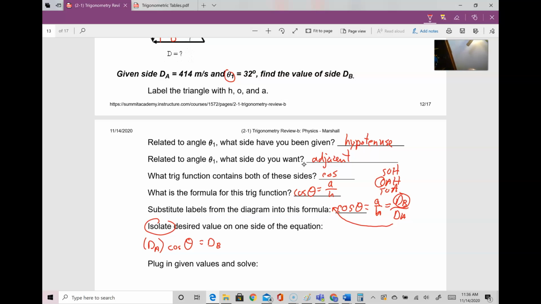I've gotten dA out of the denominator, but I like my isolated value on the left side, so I'm going to switch them. dB equals dA times the cosine of theta.